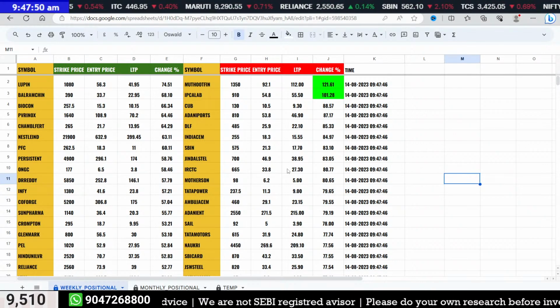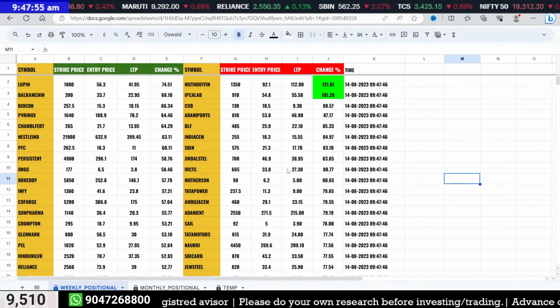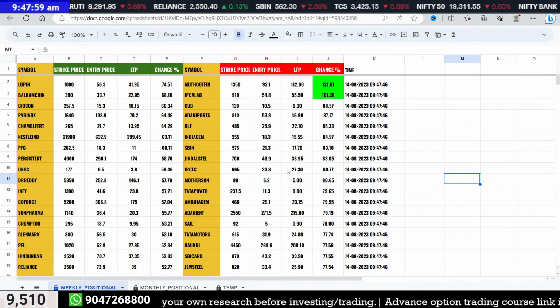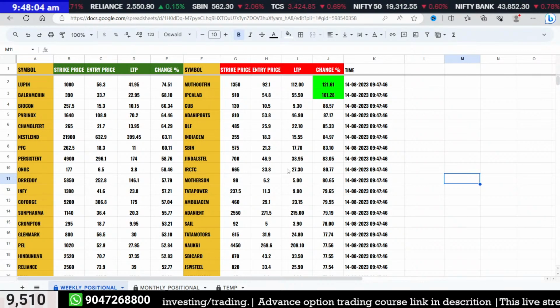DLF 22, City Union Bank on the same price which is triggering, and IPCA maybe a gap up, and Muthoot Finance the one opportunity which we found on weekly. The second time entry 92 after 9:30.